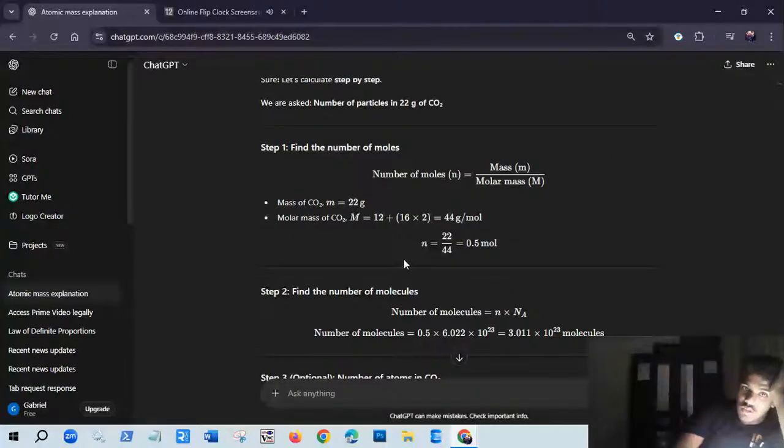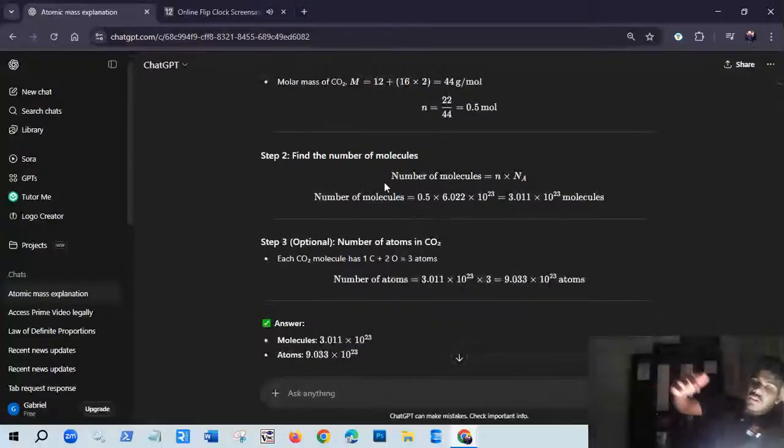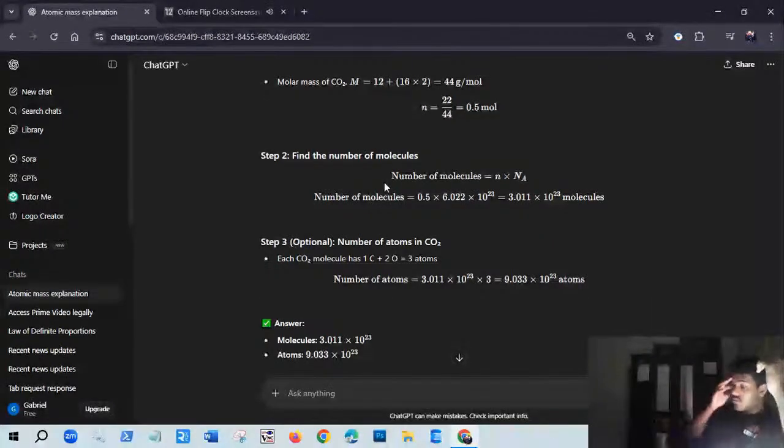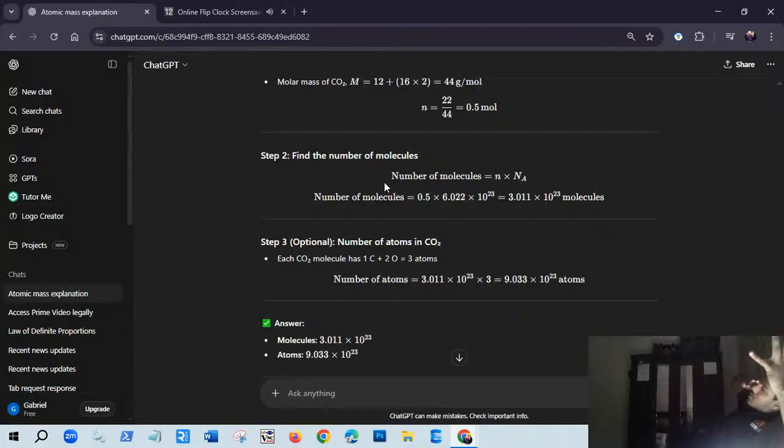So then we use Avogadro's law. To find the moles, we have to use n is equal to m by M. And if you already have moles, you just use Avogadro's law. Number of atoms and number of particles equals. So how do you find the moles?